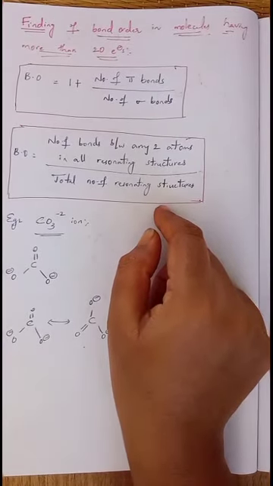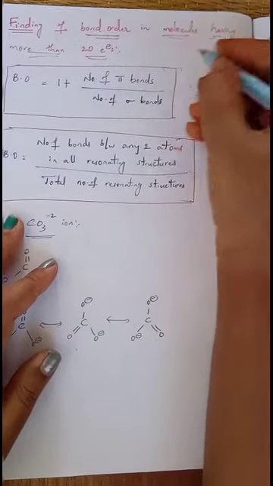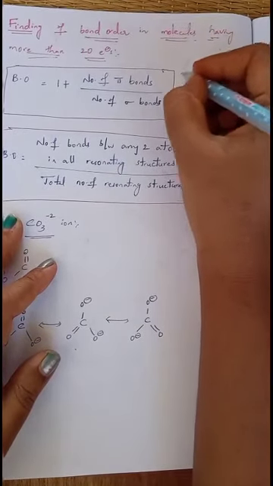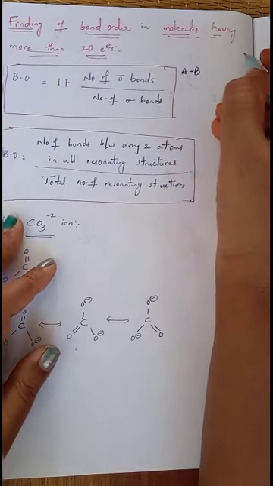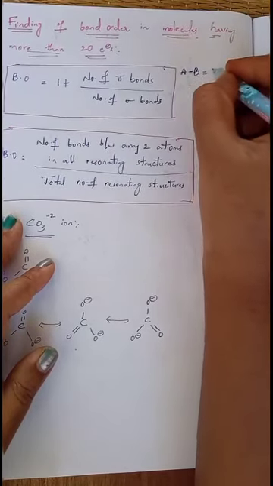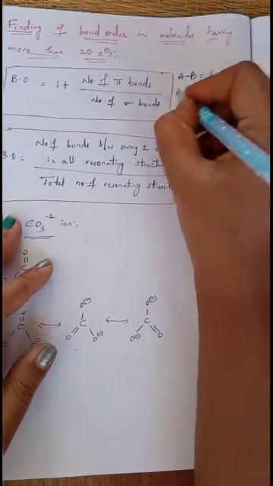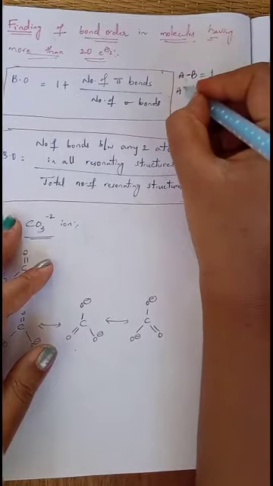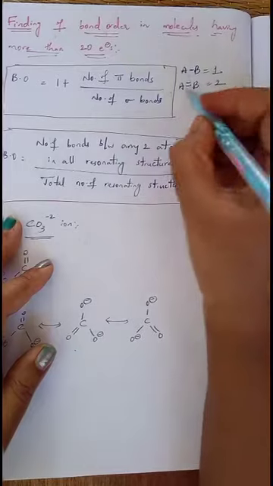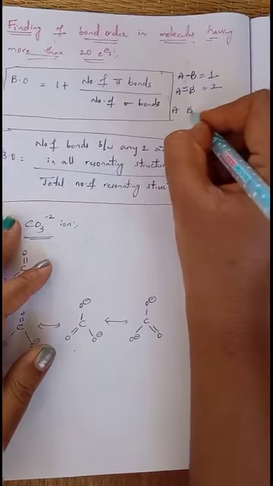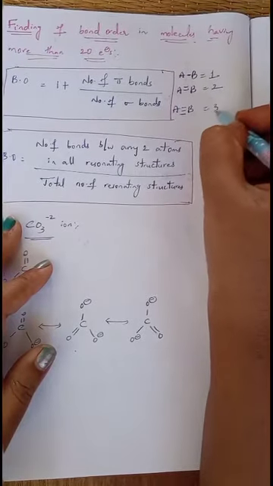So remember, you have to keep one point here: bond order and number of sigma bonds. Suppose between two atoms A and B, if a single bond is there, then the bond order is 1. If between A and B a double bond is present, then the bond order is 2. If a triple bond is present, then the bond order is 3.